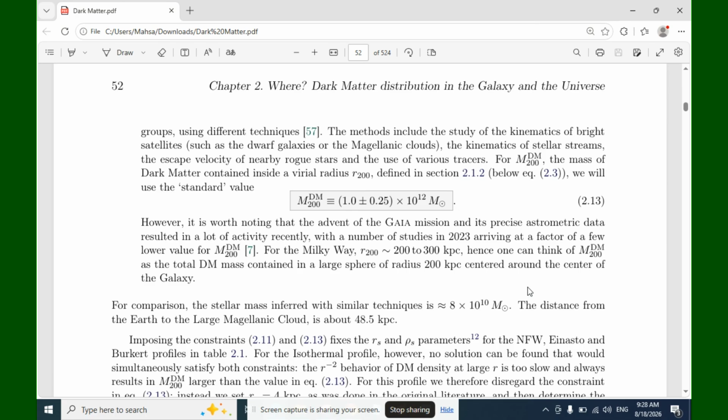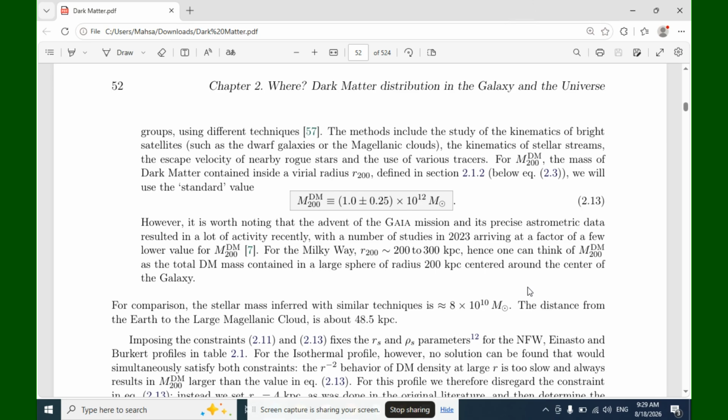Here M200^DM is the mass of the dark matter contained inside the radius R200 defined in Section 2.1.2 below equation 2.3. We will use the standard value M200^DM equal to 1 plus or minus 0.25 multiplied by 10 to the power of 12 solar masses.